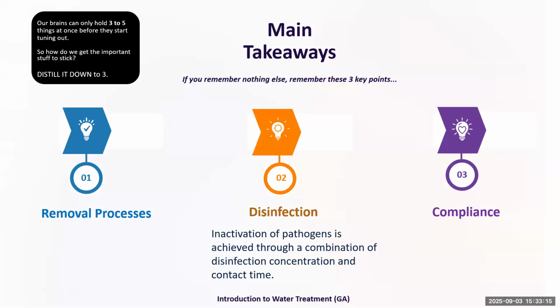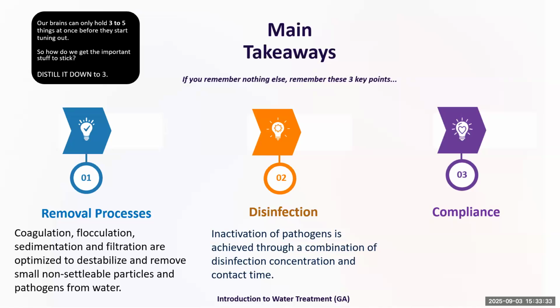If you don't remember anything else today, we want to think about the three big things we learned. Disinfection is the inactivation of pathogens that's achieved through a combination of disinfectant concentration and contact time. Removal processes include coagulation, flocculation, sedimentation, and filtration.